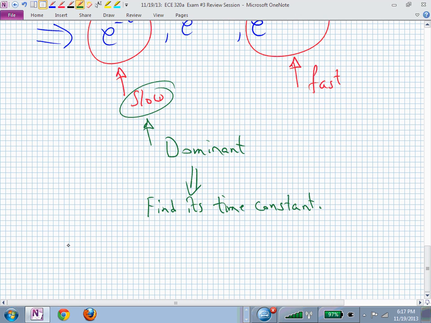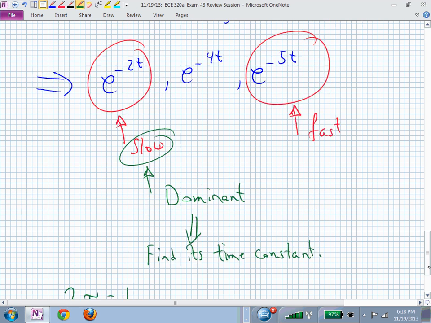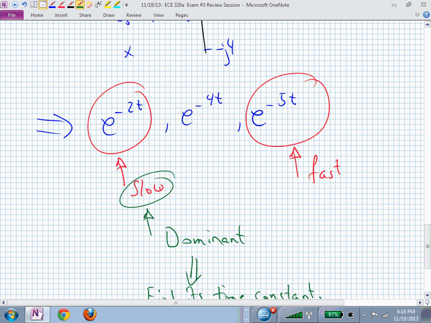So in that case, you're saying, oh, I have 2 tau equal to 1. That's what governs, or that's how I can find my transient. I set that exponential equal to 1, because I'm trying to find when that really is e to the minus 1. That's one time constant. And if I let that exponent 2t, and I'm going to say 2 tau, that's going to give me what tau is.